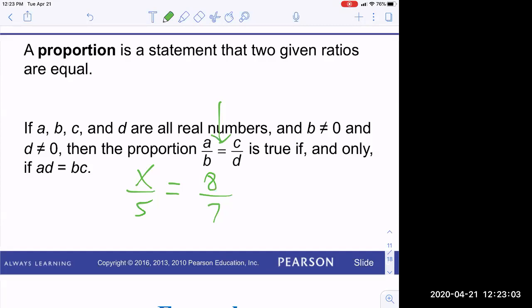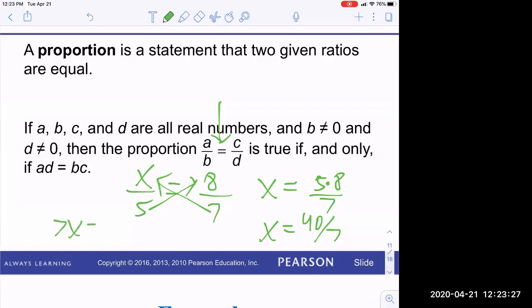I'm hoping to teach you that you only have to do that, because that leaves you with just x on the left hand side, 5 times 8 divided by 7. In this case, x is 40 sevenths. You did not have to do 7x is 5 times 8 is 40, because you end up dividing by the 7 again, and it's already done there.